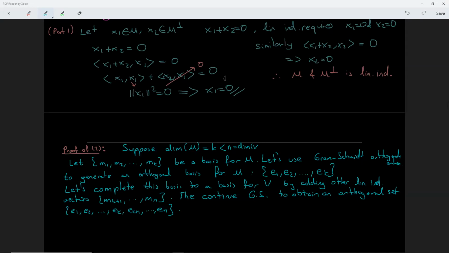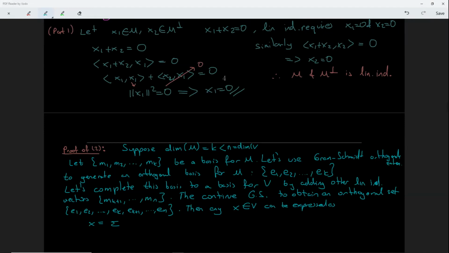But since this is a basis set for V, we can write any vector x as a linear combination of these vectors, right? So let's say any vector x in our vector space V can be expressed as x equals the summation for i from 1 to n of alpha i ei.